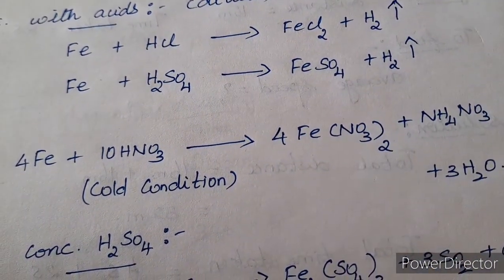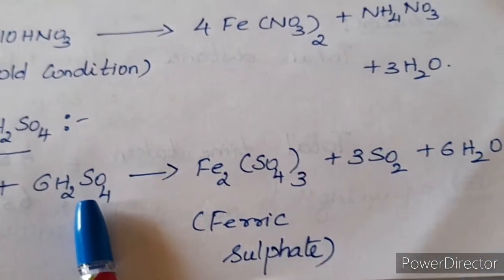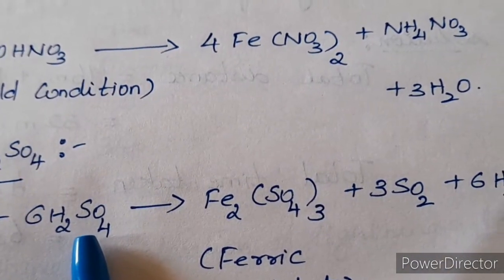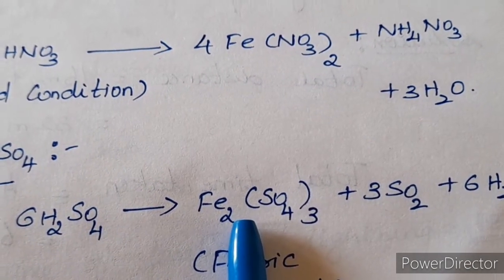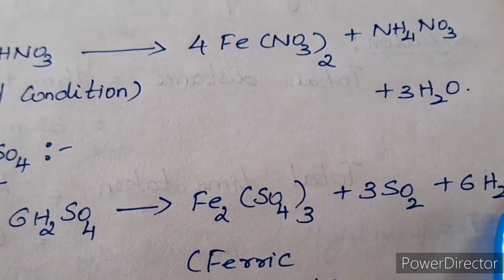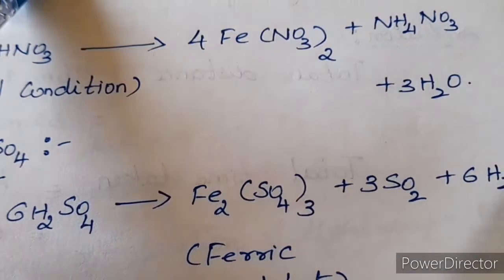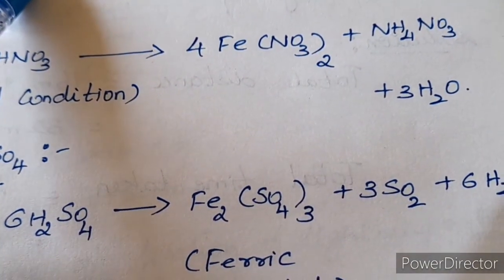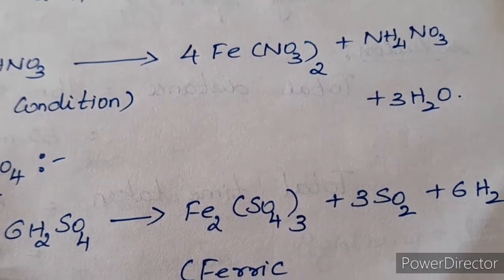With concentrated sulfuric acid, iron forms ferric sulfate. Again, the oxidation state is 3+, with the liberation of sulfur dioxide and water. So these two reactions are totally different: this takes place in dilute form, and this in the concentrated form.